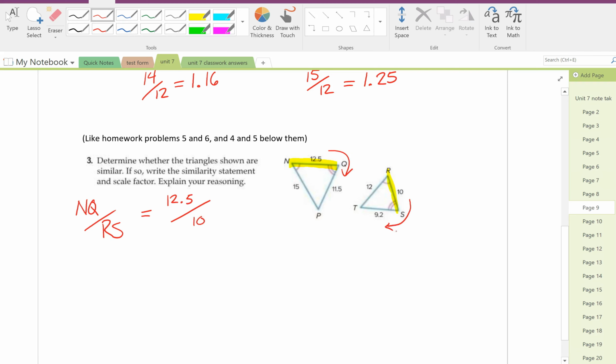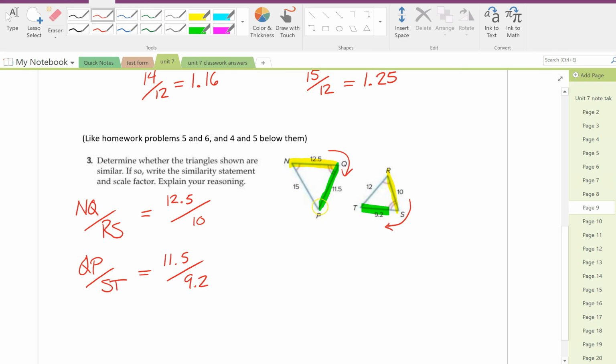Okay, I'm just going to go in order in both triangles. I'm going to go clockwise. So the next side I come to on the big triangle is QP. And the next side I come to on the small triangle is ST. So QP here, QP, and ST. QP is 11.5, and ST is 9.2.